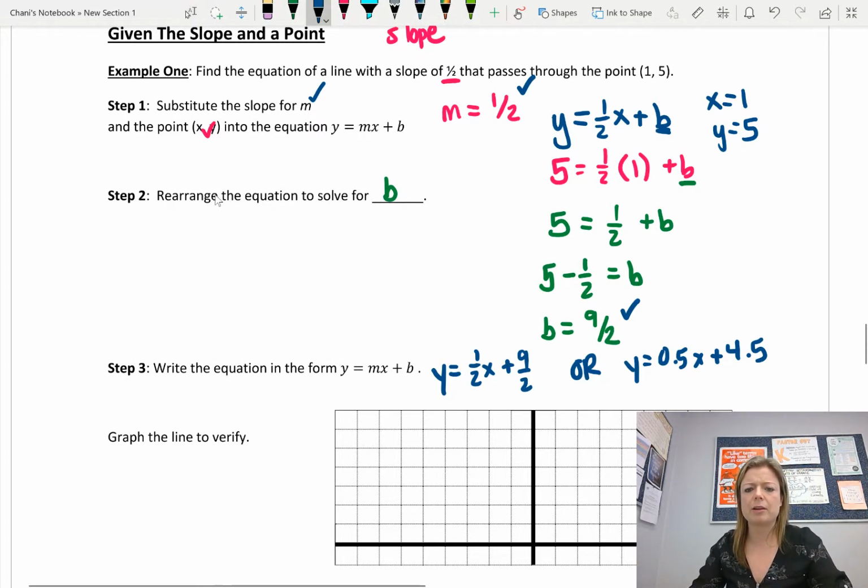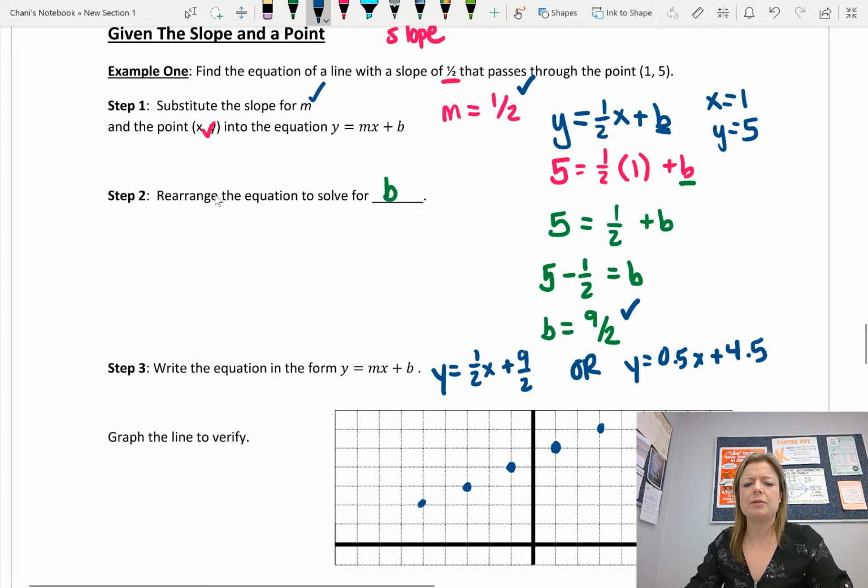So here we can plot our point (1, 5): 1, 2, 3, 4, 5. And we know that the slope is a half. So we go up 1 over 2, or in the other direction, we can go down 1 over 2. Okay, we can keep doing this to create more points.